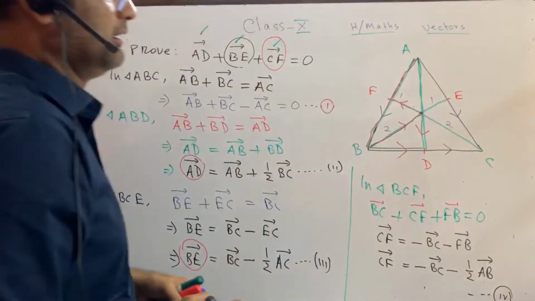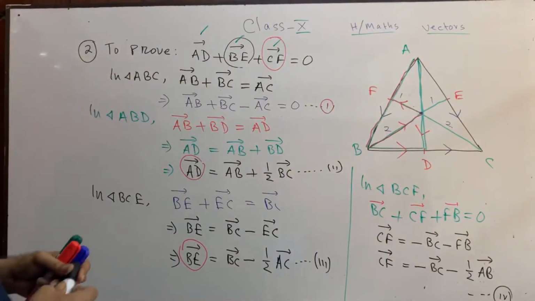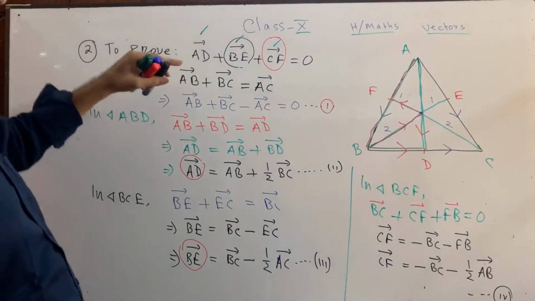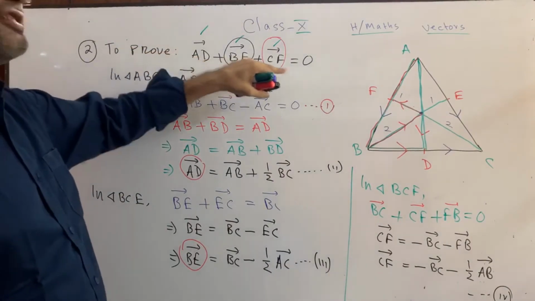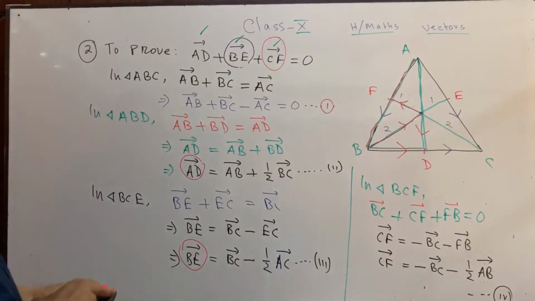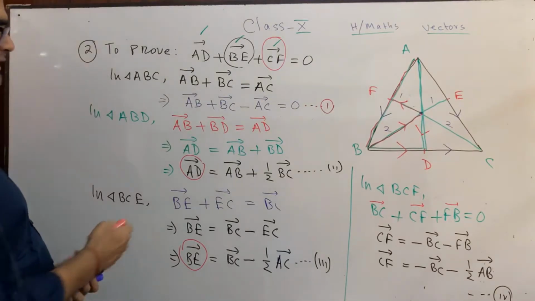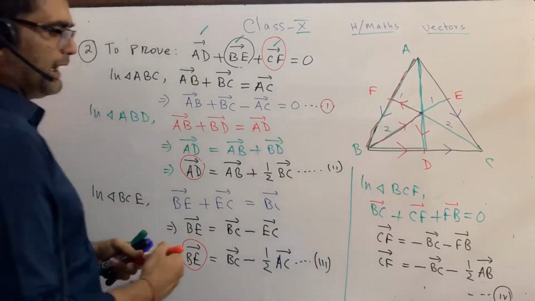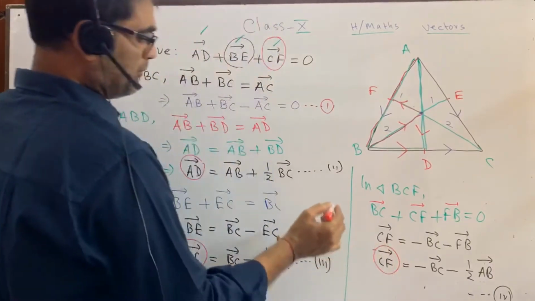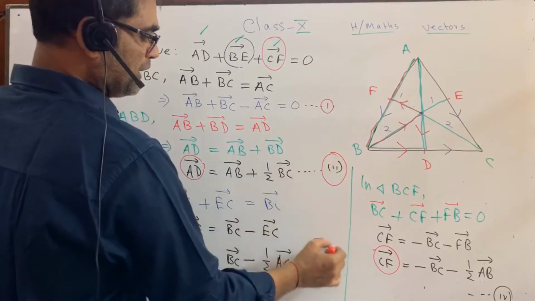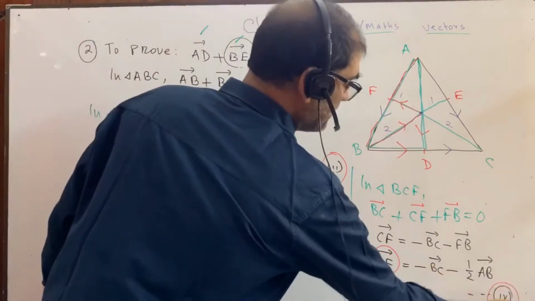Now my dear students, you see what is the left hand side? AD, BE and CF. I have told you this is AD, this is BE and this is CF. That is equation number 2, equation number 3 and equation number 4.